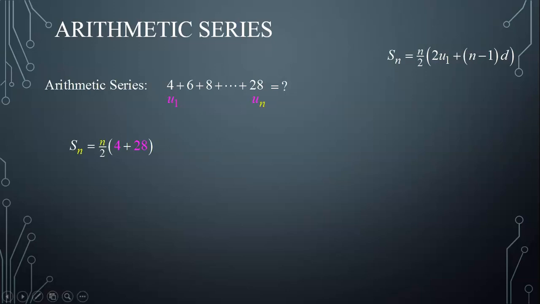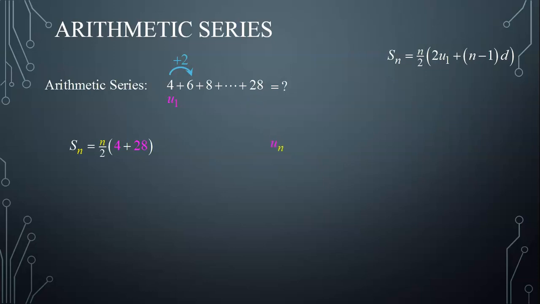Since n represents the position of the last term in the series, in order to find n, I first need to find the common difference. The common difference of the sequence in this case is equal to 2, as I'm adding 2 to move from one term to the next one in the series.